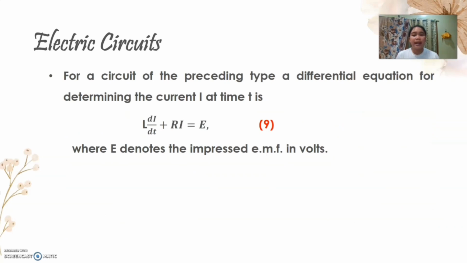For a circuit of the preceding type, a differential equation for determining the current I at the time t is L di over dt plus RI equals E, where E denotes the impressed EMF in volts, and EMF is electromotive force.